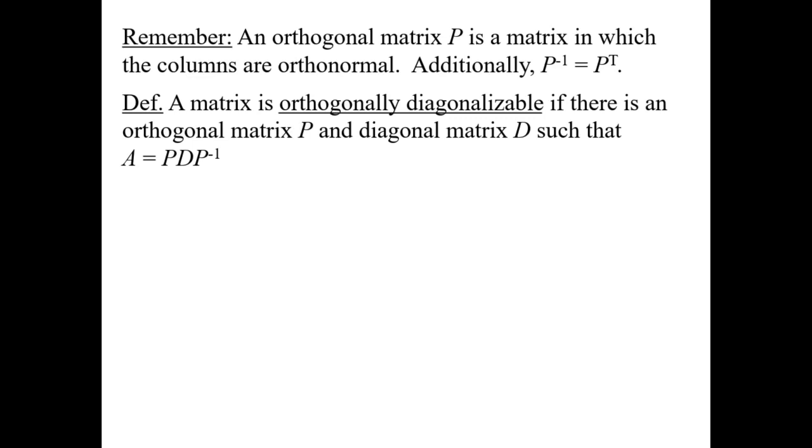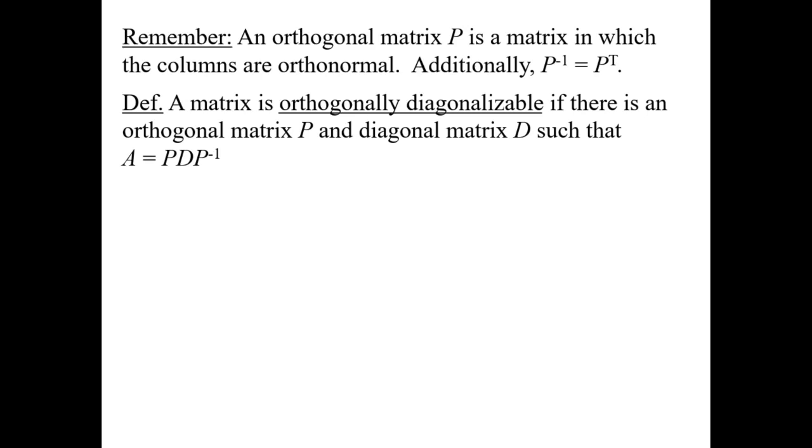One more definition here. We say that a matrix is orthogonally diagonalizable if there is an orthogonal matrix P and a diagonal matrix D such that A equals P times D times P inverse.